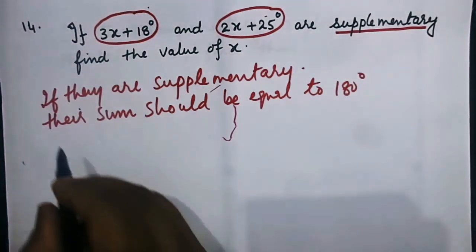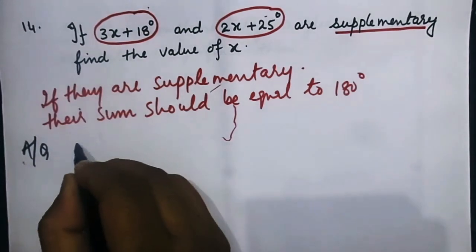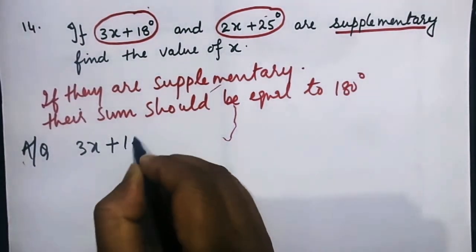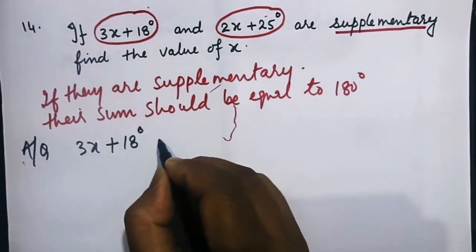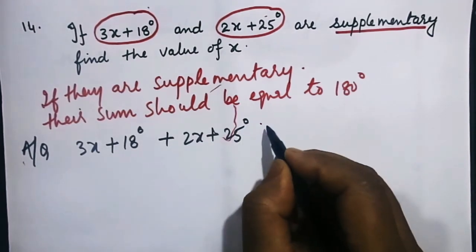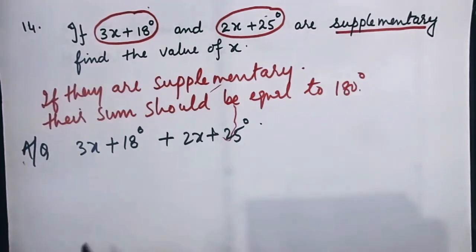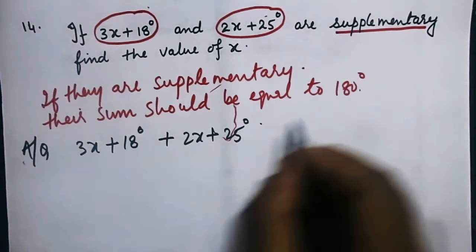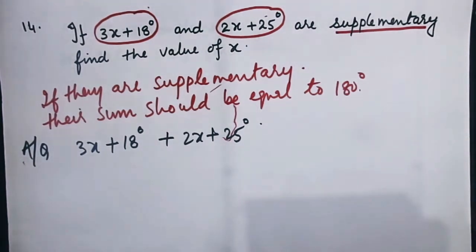So according to the question, 3x plus 18 degree plus 2x plus 25 degree should be equal to 180 degree, isn't it?